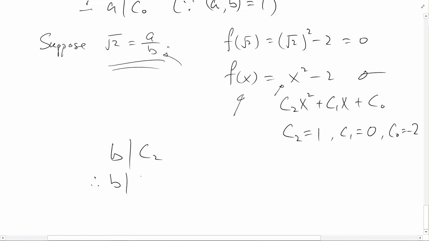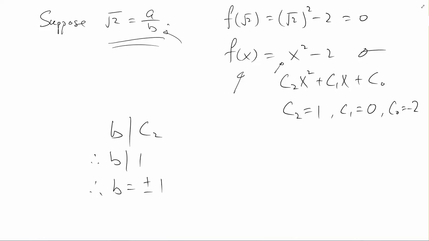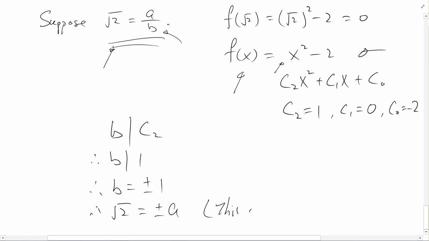The denominator of this rational number divides the leading coefficient of the function, C2, which is 1. Therefore, b divides 1. What number will divide 1? Only plus or minus 1. Therefore b must be equal to plus or minus 1. And therefore, from our assumption that square root 2 is equal to a by b, square root 2 will be equal to plus or minus a. This is an integer, because we assume a and b are both integers.